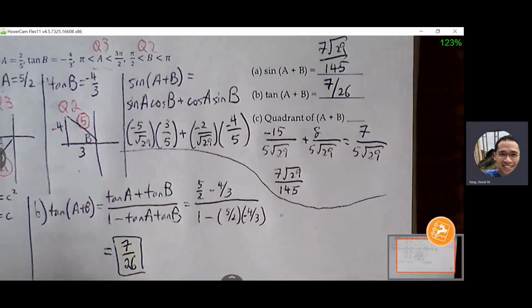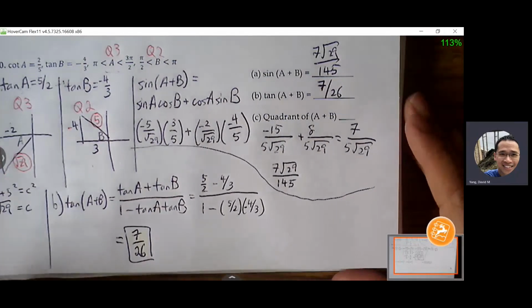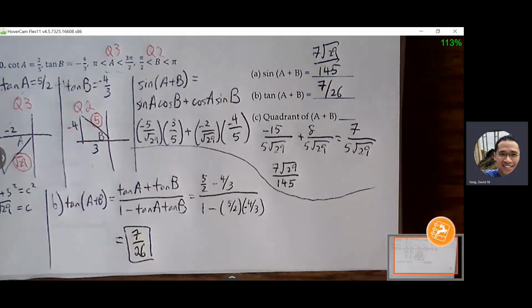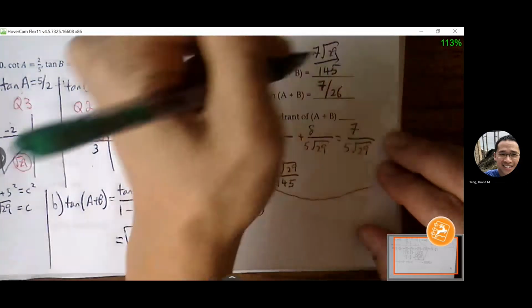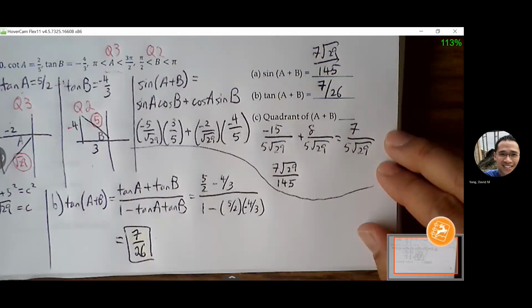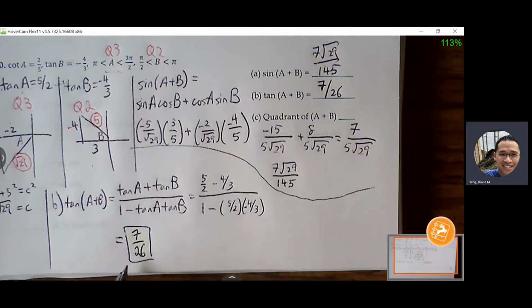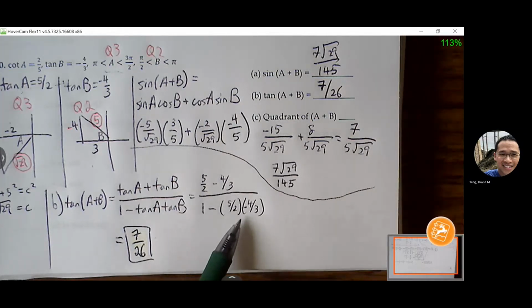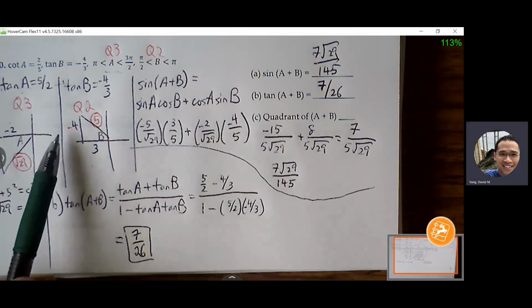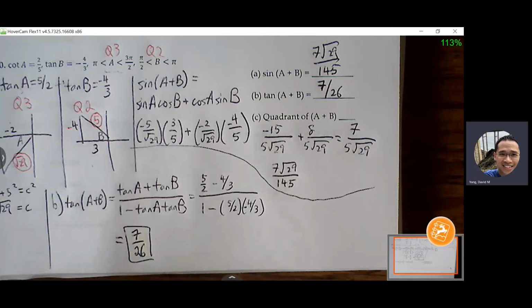Sine is positive, tangent is positive, therefore which quadrant? Oh, if it's a fraction, it doesn't matter which one is which.